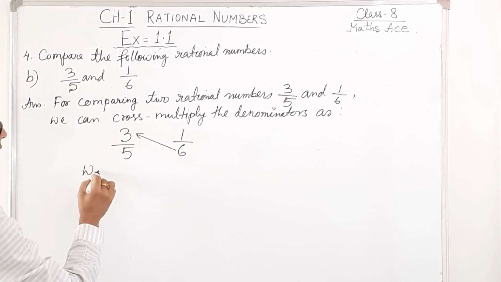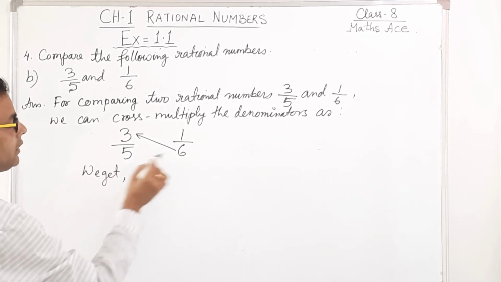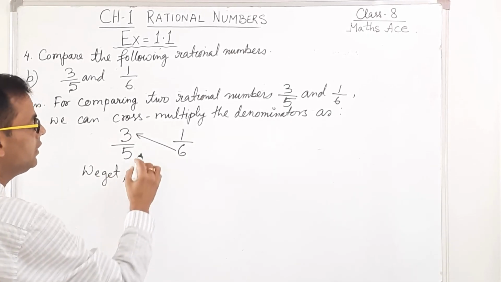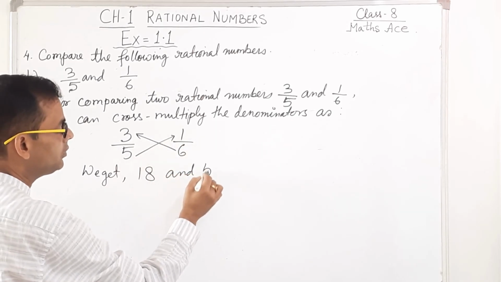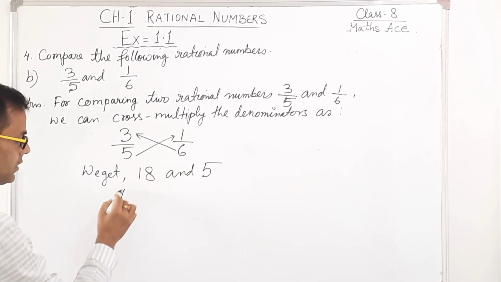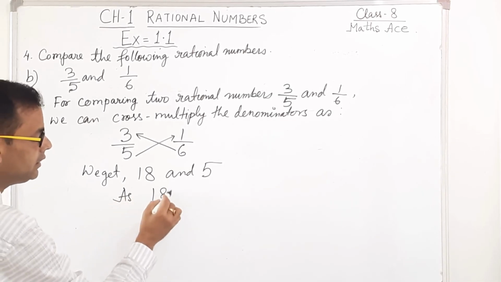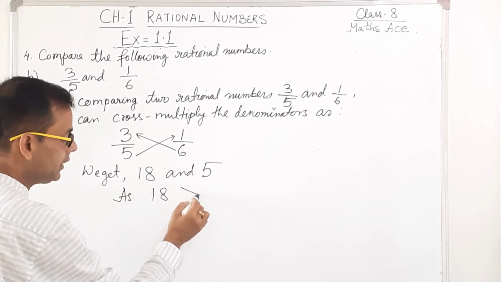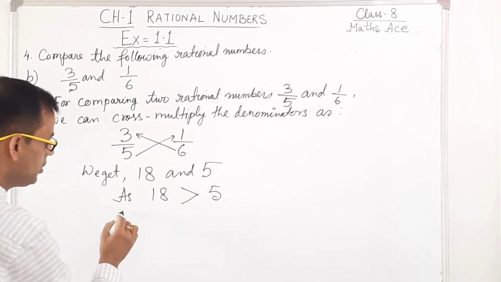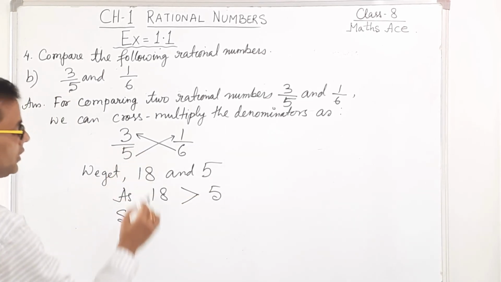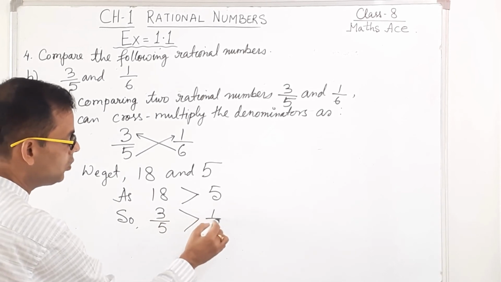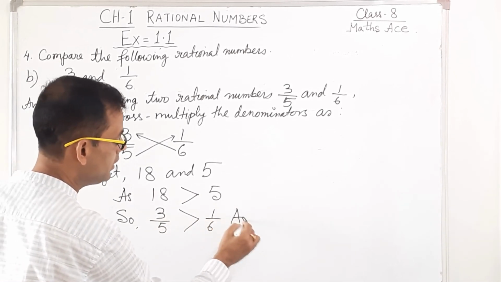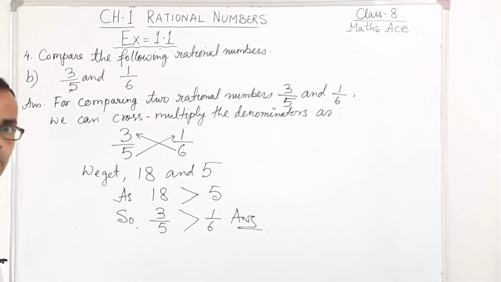So we get, what we get? 18, and then if you multiply and 5. Clear? As 18, now 18 is bigger than 5, greater than 5. So the first one is what? 3 by 5 is greater than 1 by 6. This is the answer. Clear?